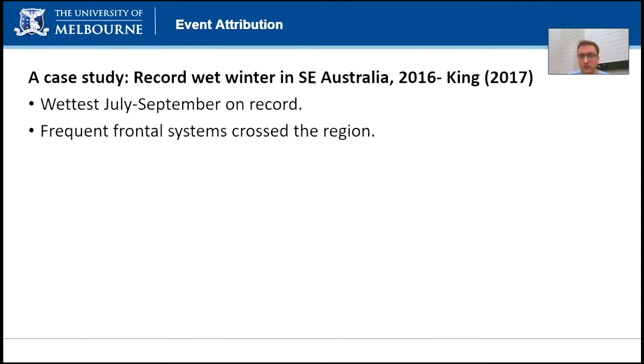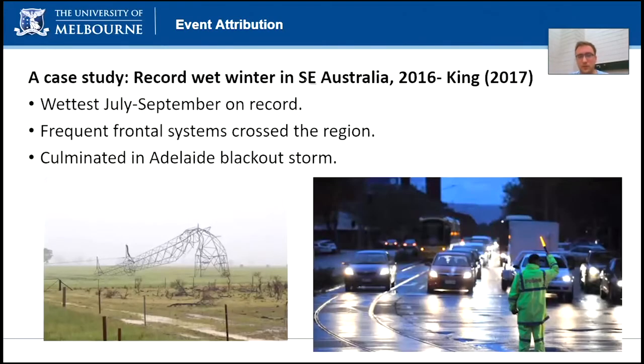We had frequent frontal systems crossing the region, and the event culminated in the Adelaide blackout storm. So this is the statewide South Australia blackouts at the end of September that caused so much political furor afterwards.